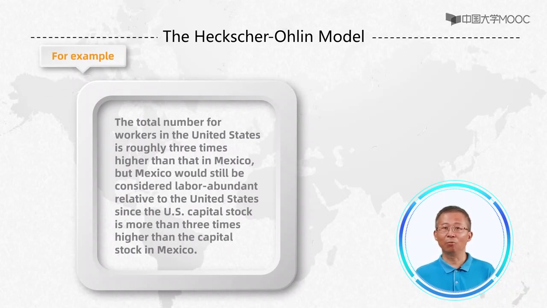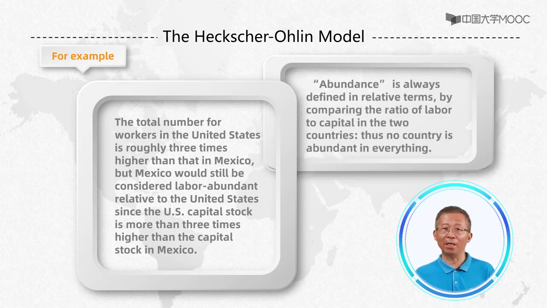But Mexico would still be considered labor abundant relative to the United States, since the U.S. capital stock is more than 3 times higher than the capital stock in Mexico. Abundance is always defined in relative terms, by comparing the ratio of labor to capital in two countries. Thus, no country is abundant in everything.